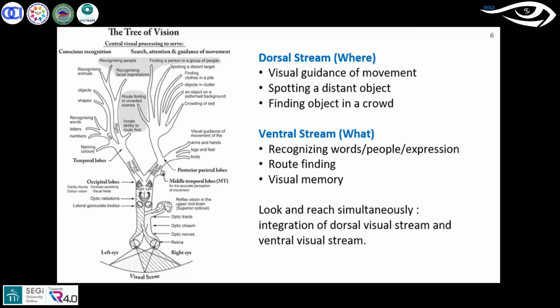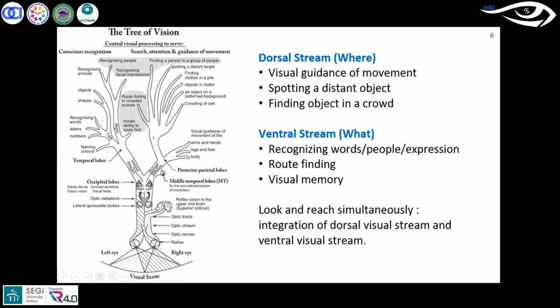So, for example, to recognize words, people, to recognize social cues and expressions, to know about route finding, and most important, visual memory. However, the function of looking and reaching at the same time is an integration of the dorsal and ventral streams. You can see all of those running from the eyes up to the two branches of streams.